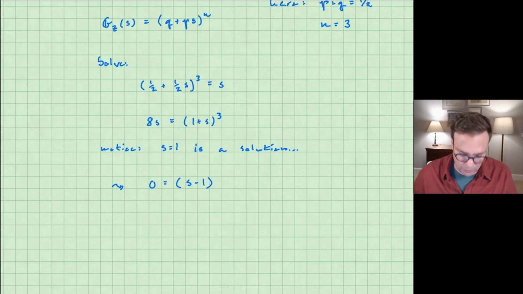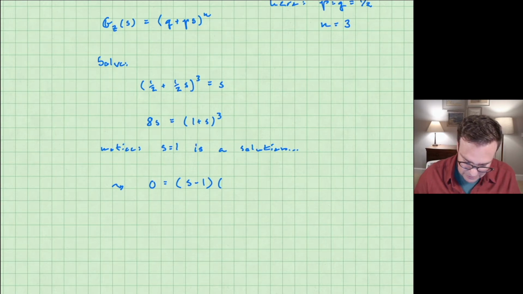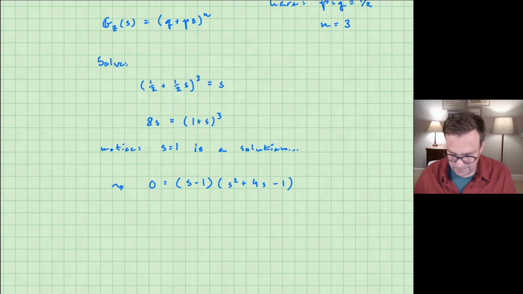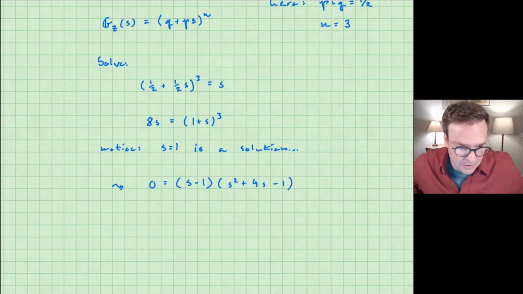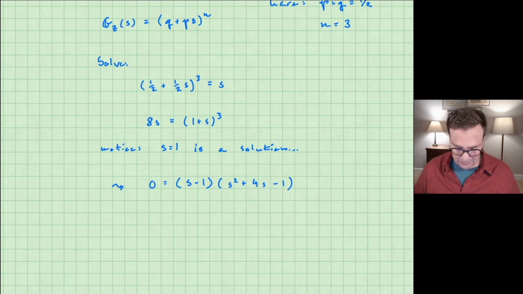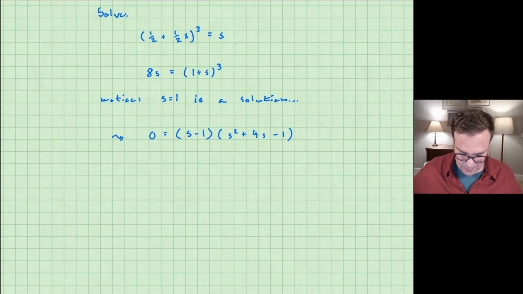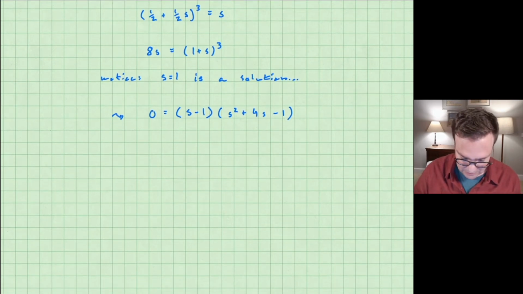And if you go through the algebraic adventure to find it, what is that stuff? You get the following: s squared plus 4s minus 1. Right? So I'll leave that adventure to you. But this is how this thing looks. And now you're only faced with finding the roots of a quadratic. And that's relatively easy.